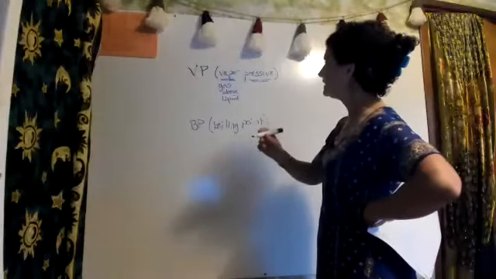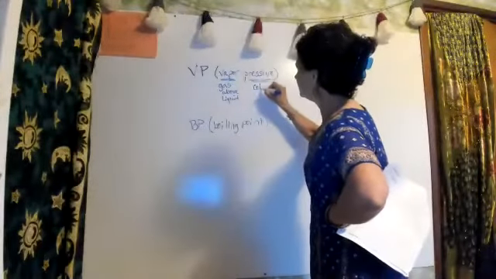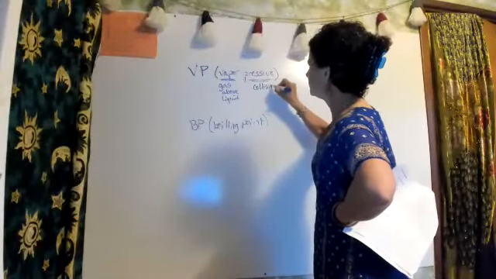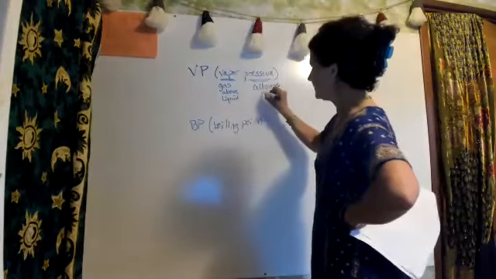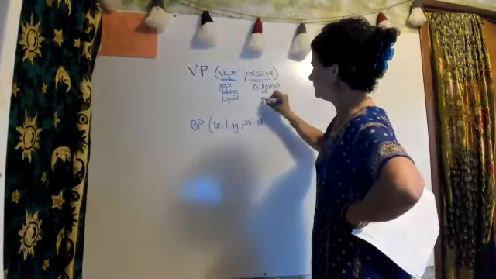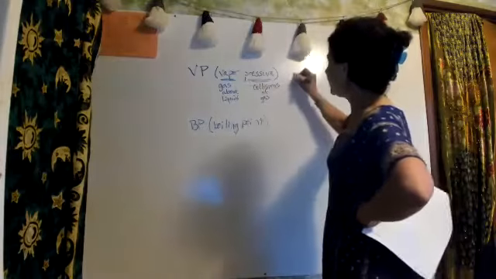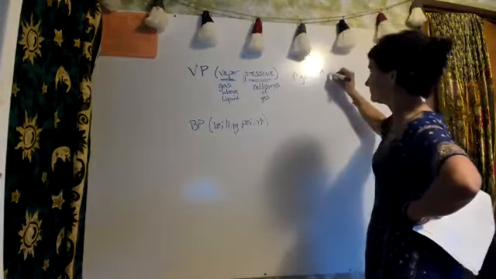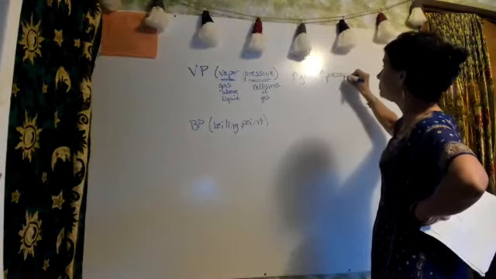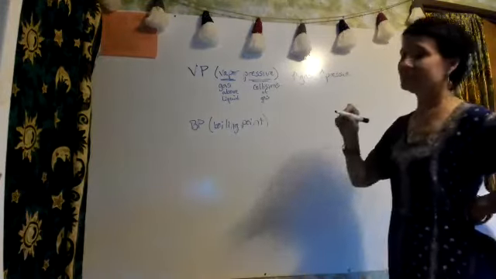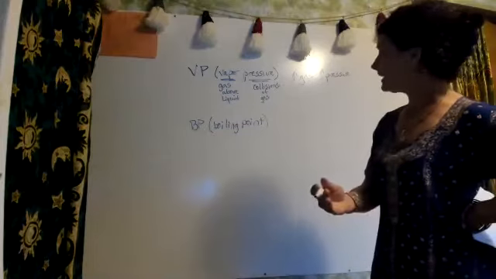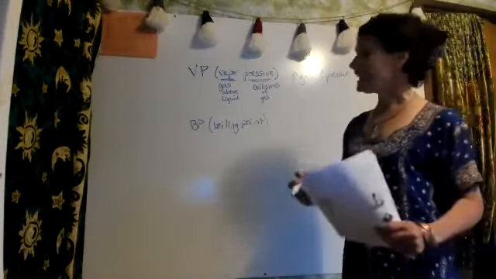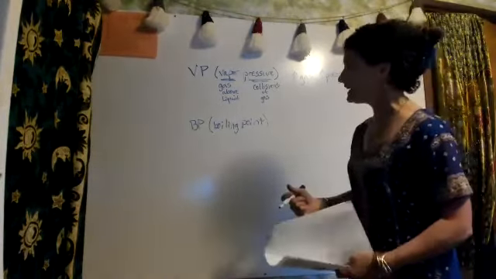Pressure is collisions of particles, collisions of the gas. So if you increase the amount of gas, you're going to increase the pressure because you're going to have more collisions.